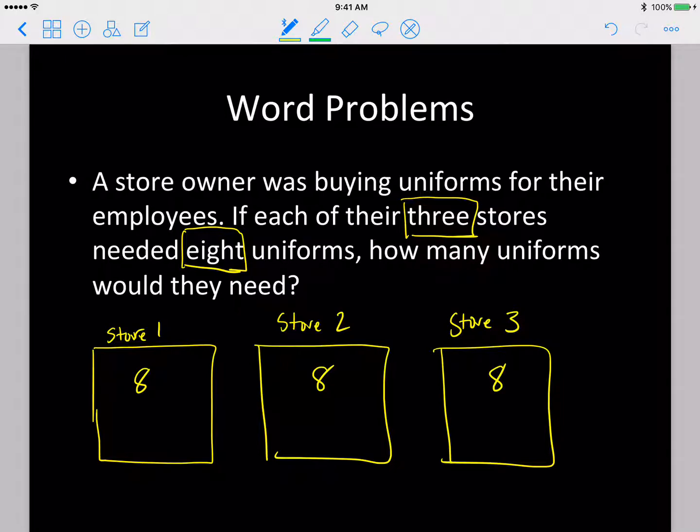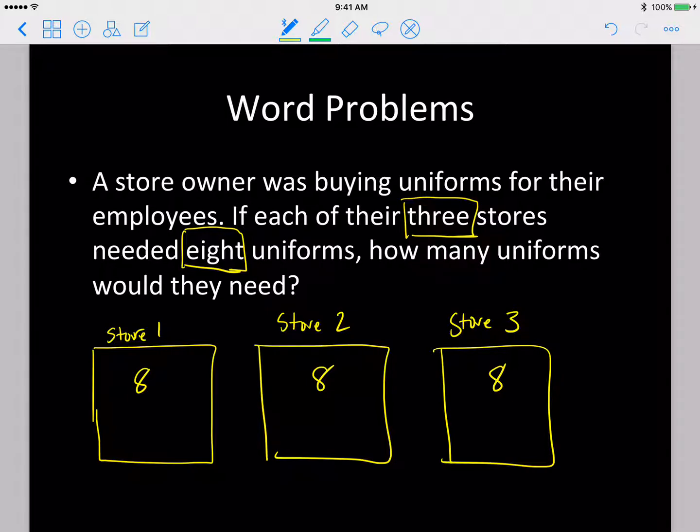So I want you all to think, are we doing multiplication or division? I think I kind of gave it away there, but let's think about what would my equation be? Am I looking for how many groups of uniforms, or am I looking for how many total uniforms?